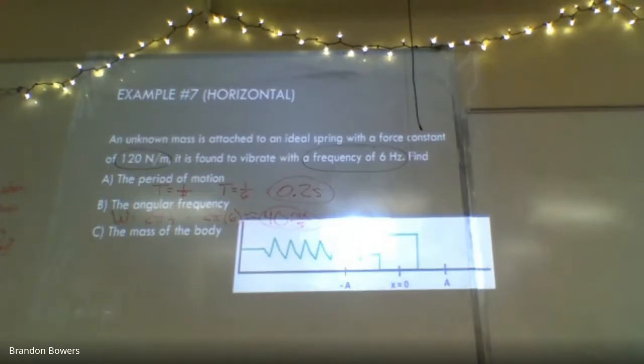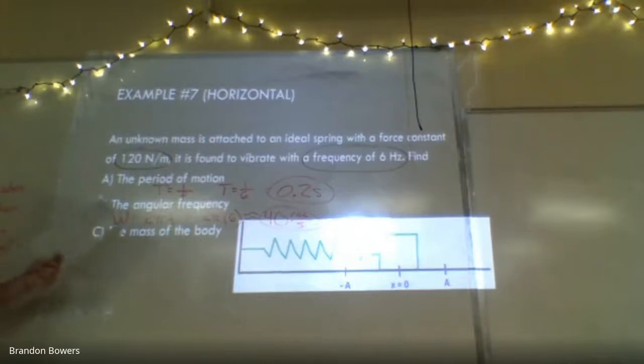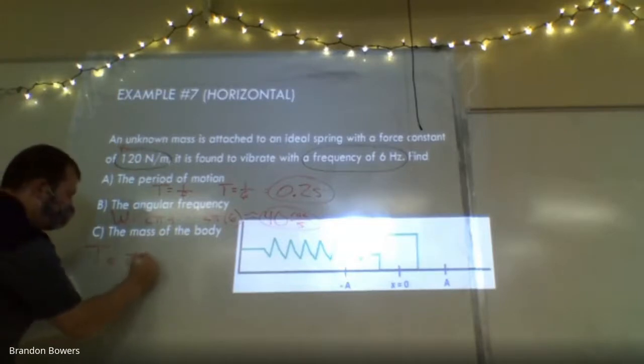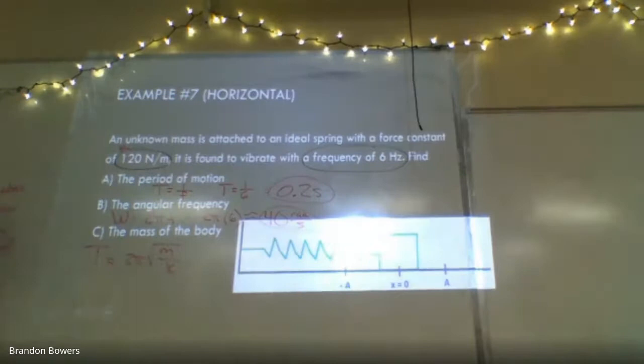Okay, so now I know T, I know frequency, I know my angular frequency. I know K. What equation am I going to use? T equals 2 pi square root of m over k.